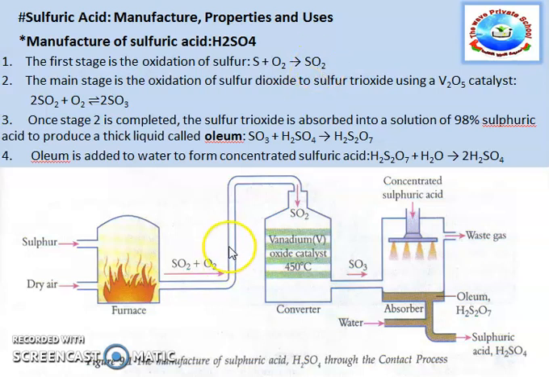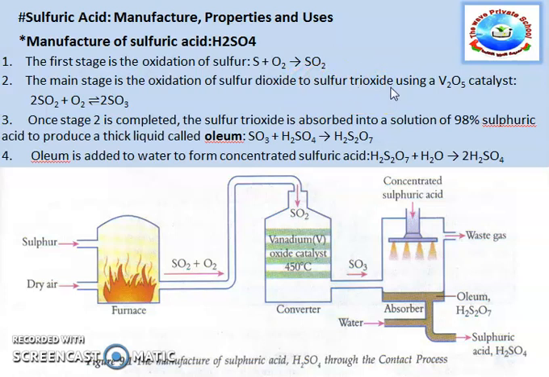Further, it is transferred into the converter, where it comes in contact with vanadium oxide catalyst. So see students, this is the main stage. Okay, the second stage is the main stage in which the oxidation of sulfur dioxide to sulfur trioxide takes place.